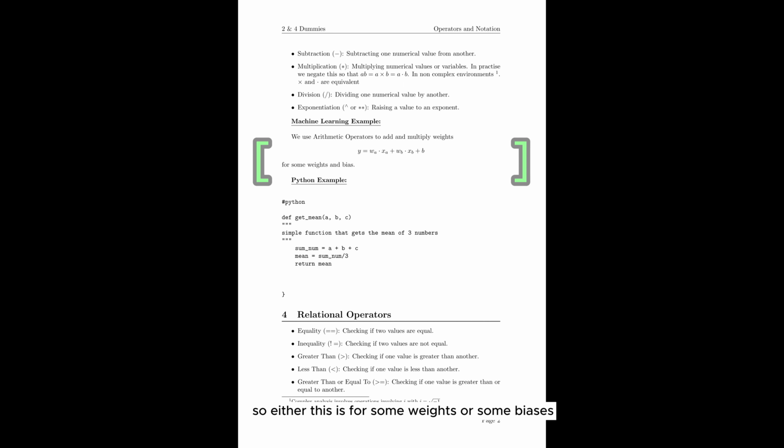So this is for some weights or some biases. So for arithmetic operators, we are going to be building a function. This function simply takes in 3 elements, a, b, c, and from these 3 elements we do 2 operations. One is summation and the other is division, and from these 2 operations we get the mean.